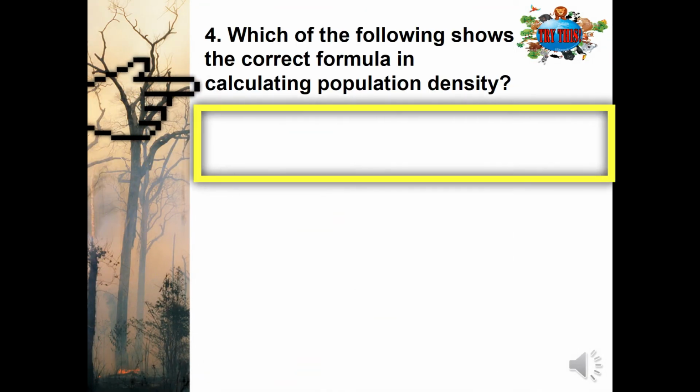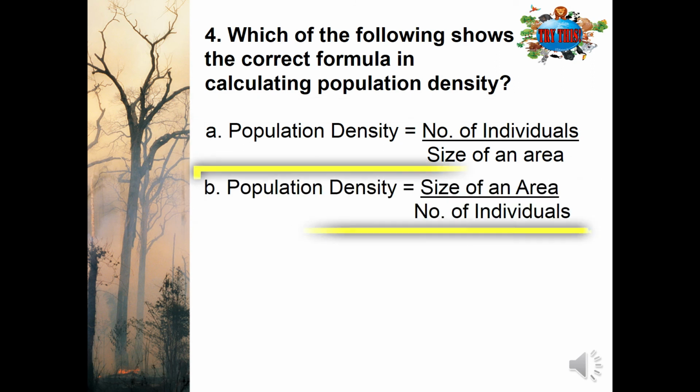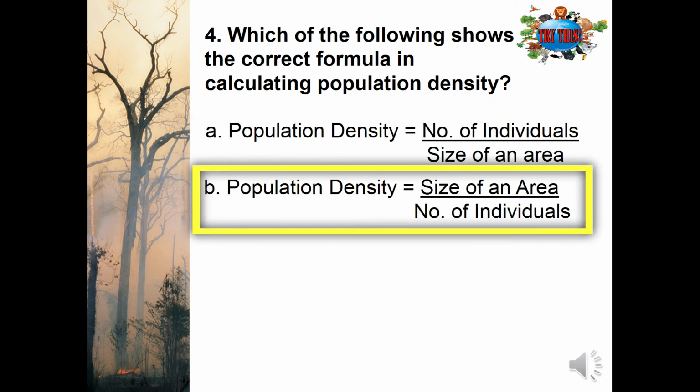4. Which of the following shows the correct formula in calculating population density? A. Population density equals number of individuals divided by size of an area. B. Population density equals size of an area divided by number of individuals.